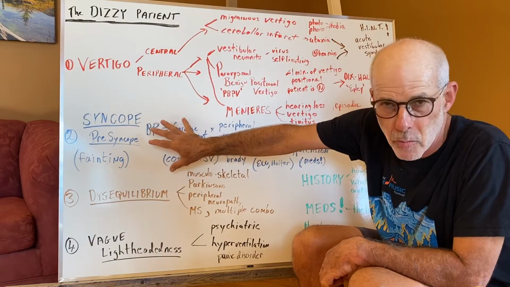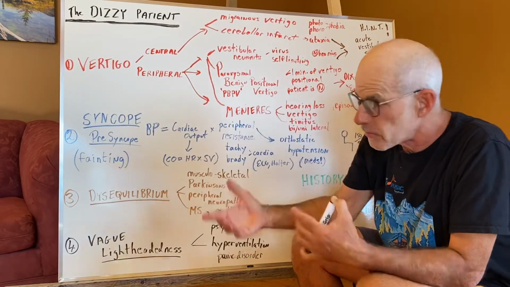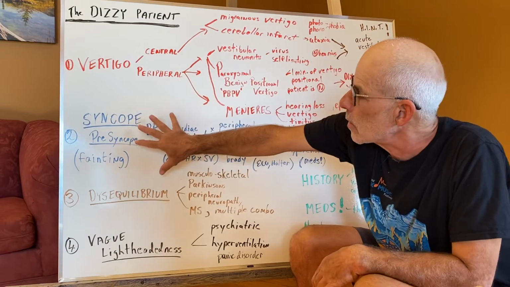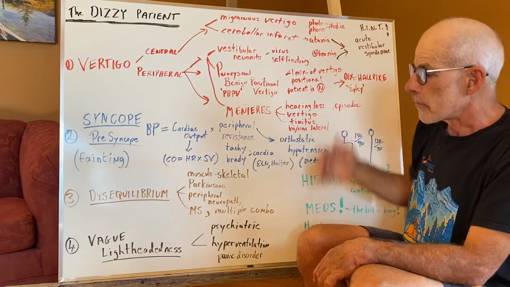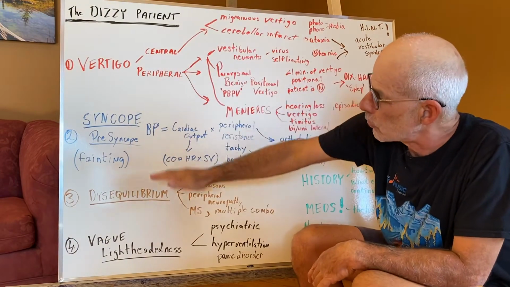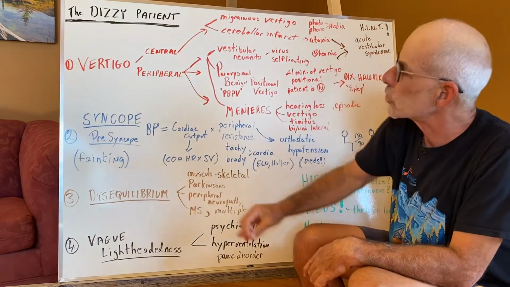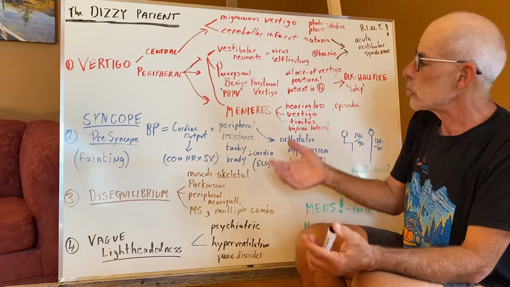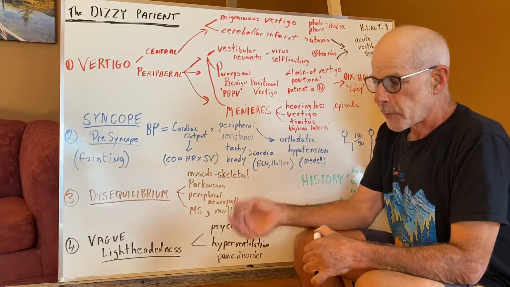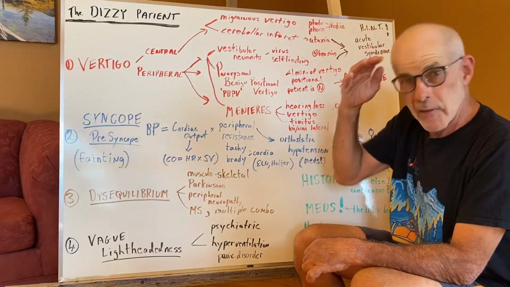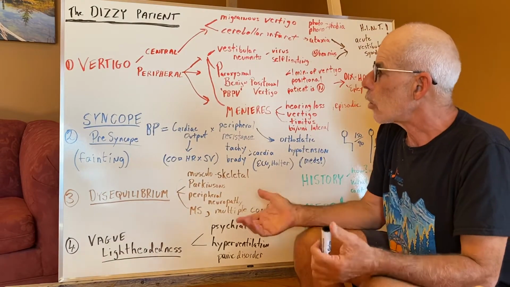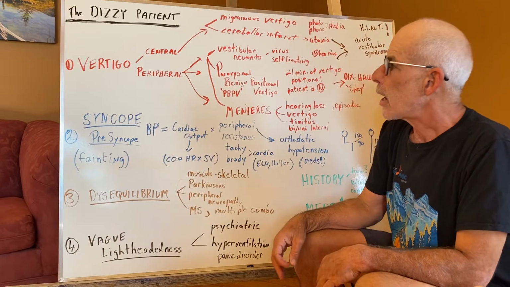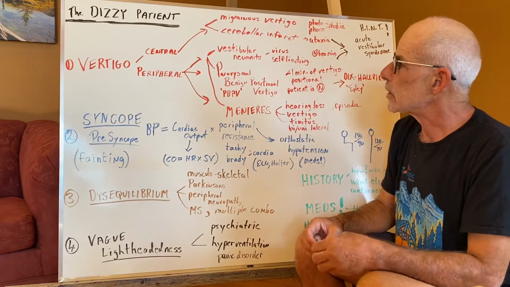If the patient's giving you something that represents a fainting spell, then you're obviously going to be looking at the causes of syncope. So with your history, you have to pin down which of these four general categories you're working with. And then of course you can use your physical examination and some investigations to also help sort things out. So let's go into a little bit of detail.